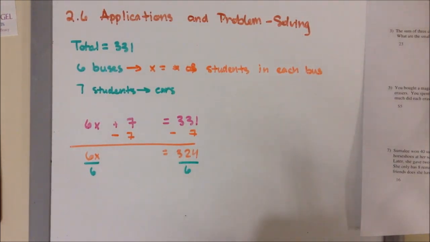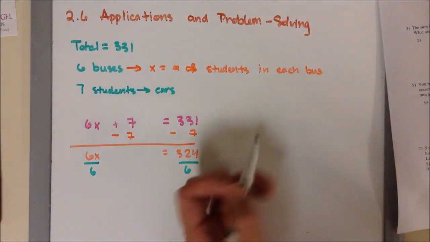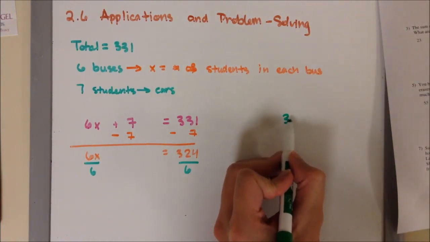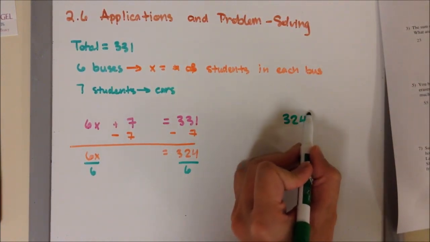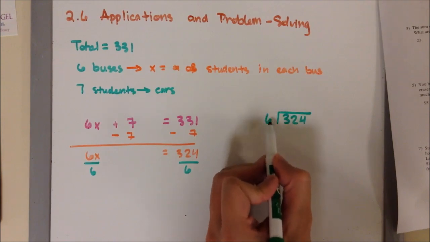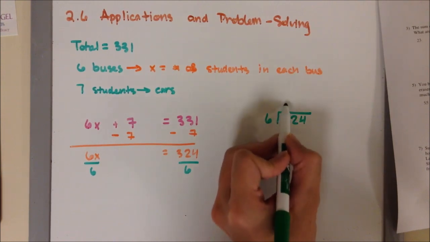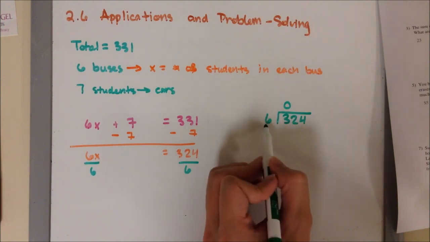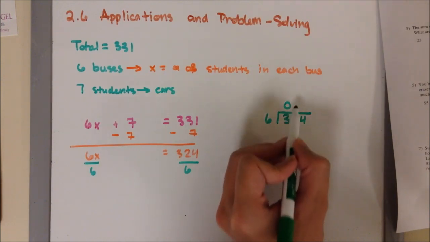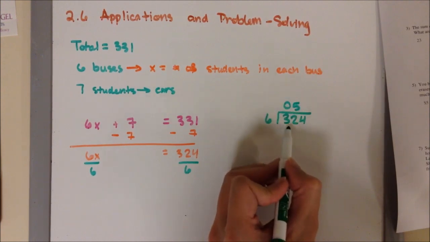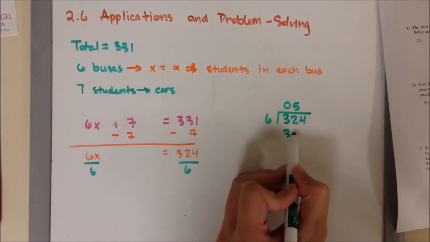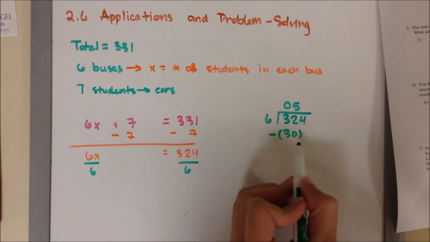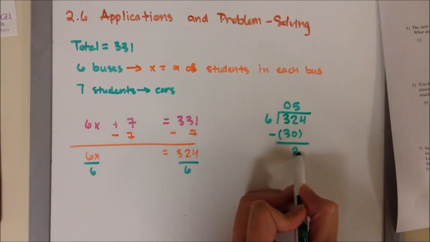I'm just simply going to do long division. So 324 divided by 6. 6 won't go into 3, so 0. Instead of 3, I'm going to make it into 32. 6 can go into 32 5 times. So 5 times 6 is 30. Subtract, so it's 2.